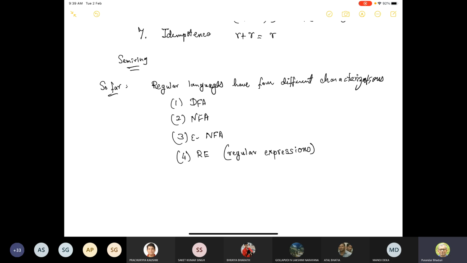And in order to show that a language is regular, you can use any of these techniques or tools or artifacts to do that, right? So to show that a language is regular, you can give a DFA or NFA or epsilon NFA that accepts the language, or you can give a regular expression that denotes the language. Of course, you have to give a proof that your claim is correct. But that is how it works. But it turns out that not every language is regular.